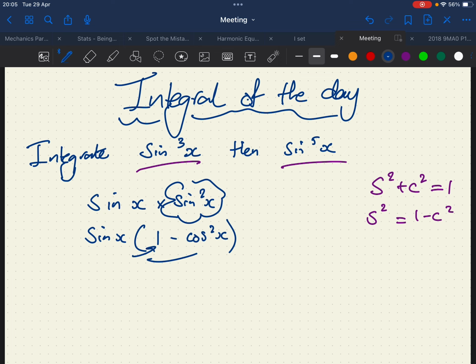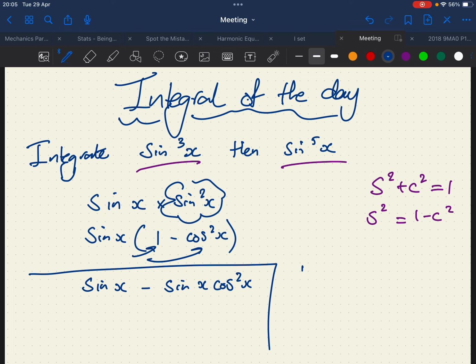And if we expand it out, we get sine x, which is quite easy to integrate, minus sine x cos squared x. Now, if I answer this one, for example, with u equal to sine x and du dx equals, do I want to do that?